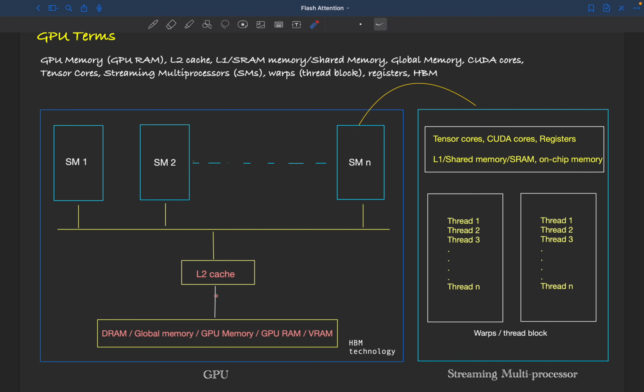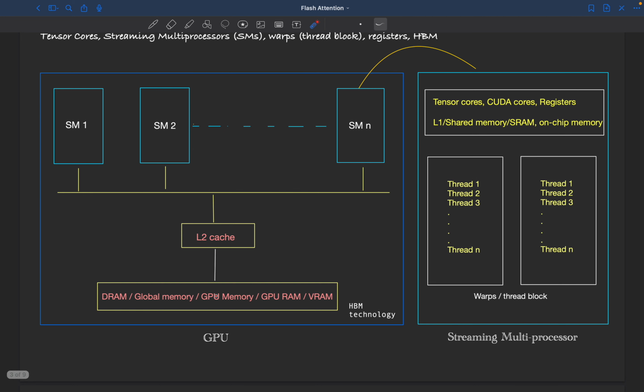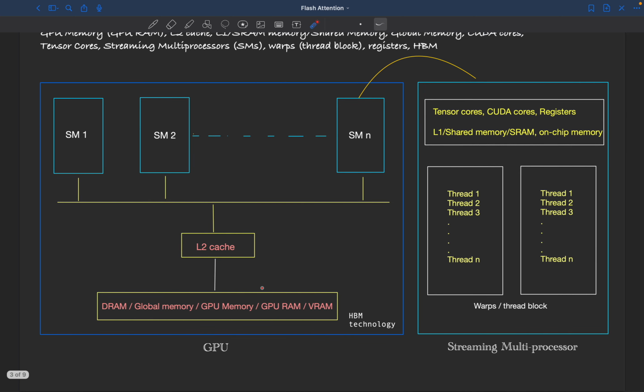So fuse means, you know, right? The addition of one to another element, that's called a fusion. So with kernels, we are fusing the methods, or we are fusing the operations. For example, let's say there are two matrices, and you want to do a dot product, or multiplication of those two, and then take the softmax out of it. If you want to do it in a normal way, you might need two kernels. One is to multiply those two matrices, and another method to calculate the softmax out of it.